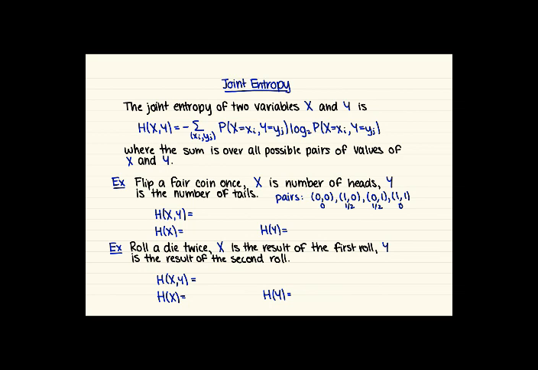So then we add up, minus, 0 log base 2 of 0 plus 1/2 log base 2 of 1/2 plus 1/2 log base 2 of 1/2 plus 0 times log base 2 of 0. Of course, we could just omit those 0 terms. So this works out to be 5.1699 bits.